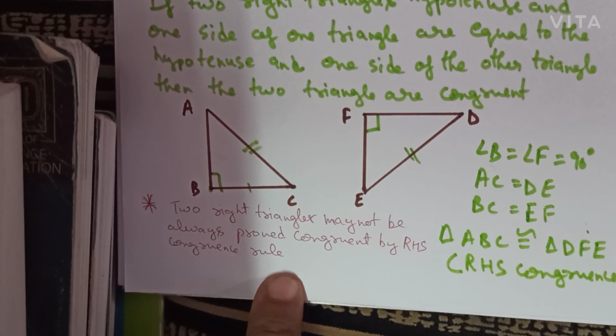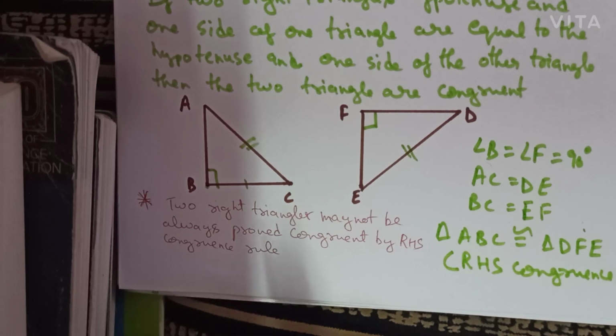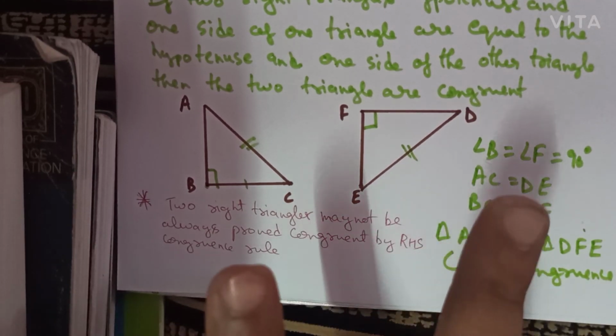You have to check the given measures of the sides or angles, and accordingly apply the rule. Maybe the two triangles are congruent by angle side angle, side angle side, or any other rule. So it is not always that two right angle triangles are congruent by RHS.